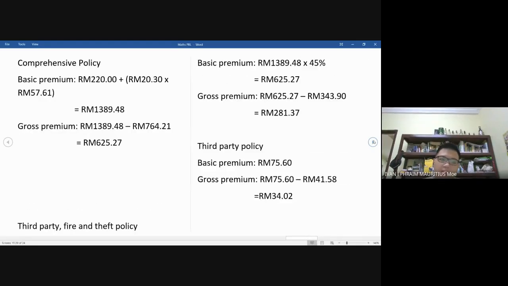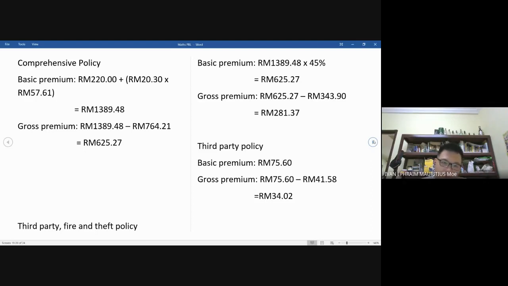Okay. The comprehensive policy for the basic premium. For the basic premium, you can find it by adding 20 ringgit 30 cent times 57 ringgit and 61 cents, so 220 ringgit, which would give you 1,389 ringgit and 48 cents.